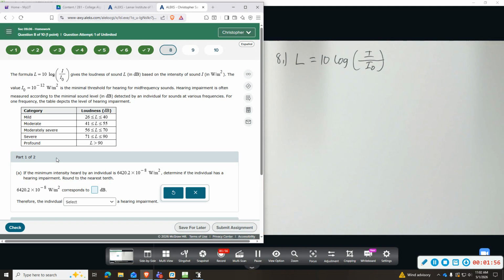That is going to be the I. So we're going to plug in this value for I, and then it gives us I naught as 10 to the negative 12. As you notice, those units are the same, so they'll give us the loudness in dB.